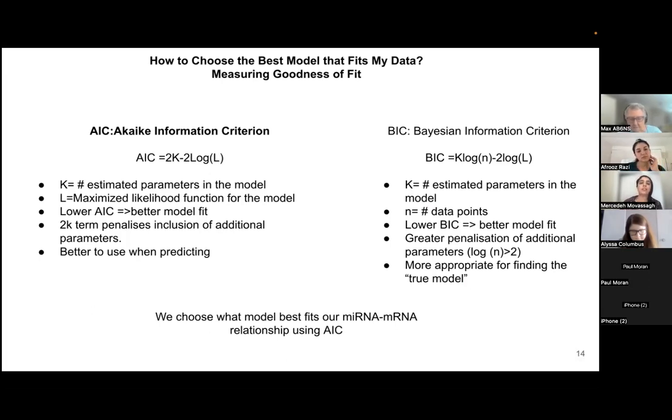And then the 2K term basically penalizes additional parameters. This is better to use when you're predicting something. However, if you use a BIC, it penalizes more. It's a log function, and it's more appropriate for finding out whether this is a good model or not. But because we're trying to do predictions across various samples, we use AIC.